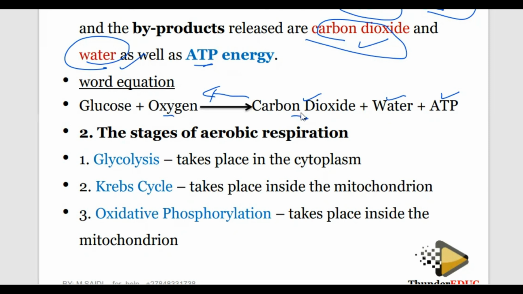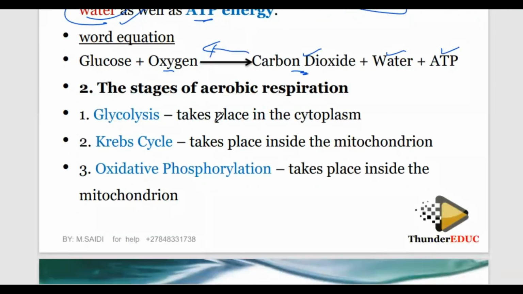So the stages of aerobic respiration include glycolysis, Krebs cycle, and oxidative phosphorylation. Glycolysis, where does it take place? It takes place in the cytoplasm. Krebs cycle, where does it take place? It takes place in the mitochondrion.